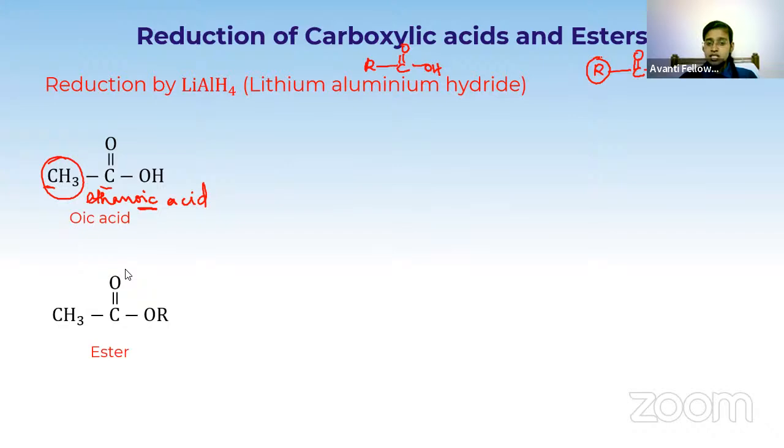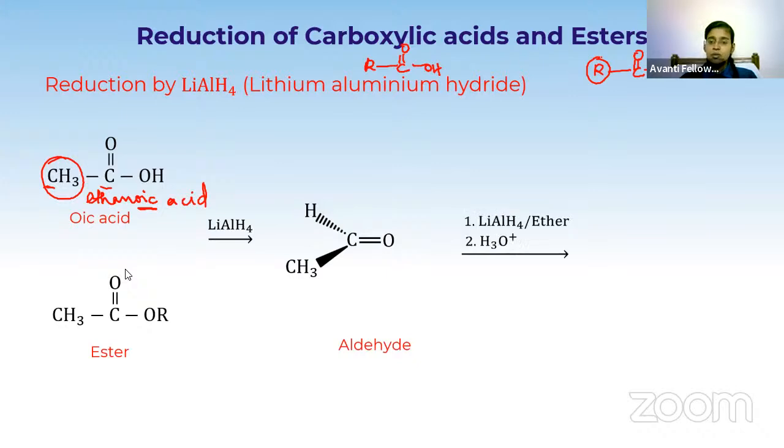Now, if these two compounds are treated with lithium aluminum hydride, both of them will first be reduced to aldehyde. And then on treatment with one more mole of lithium aluminum hydride, they will give the primary alcohol.